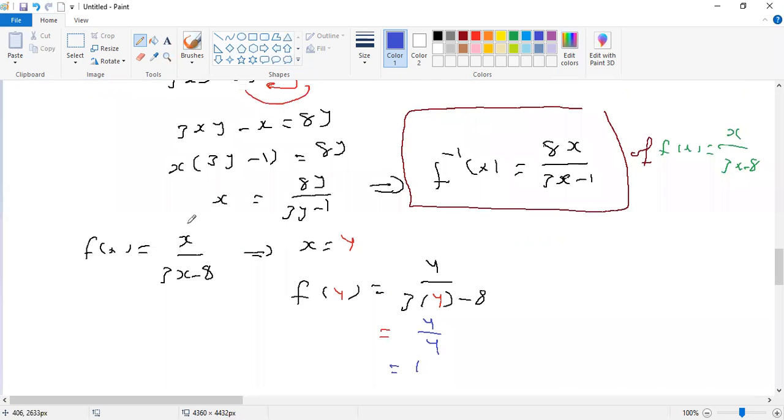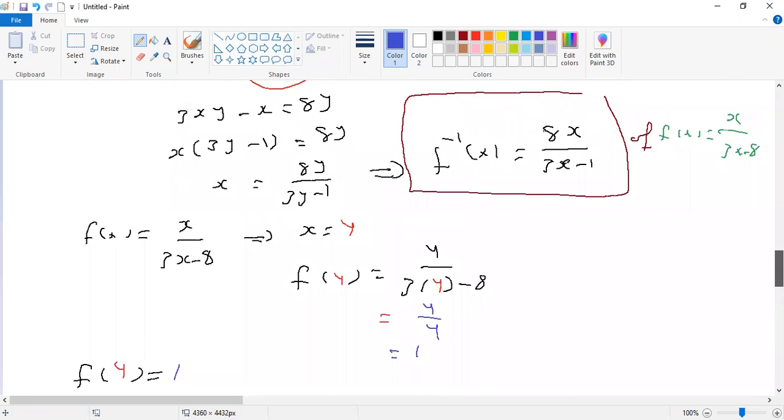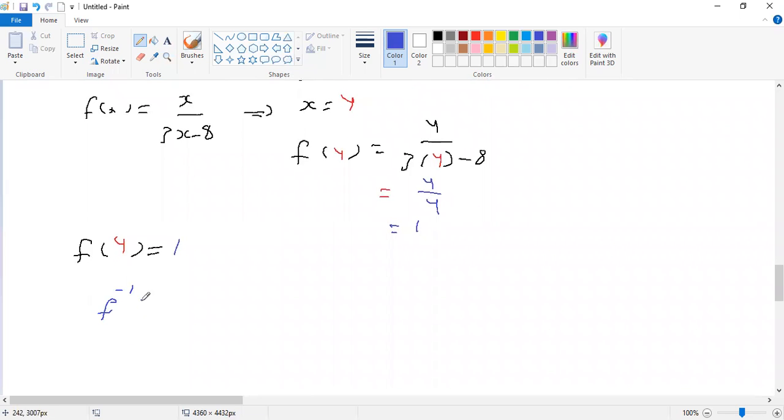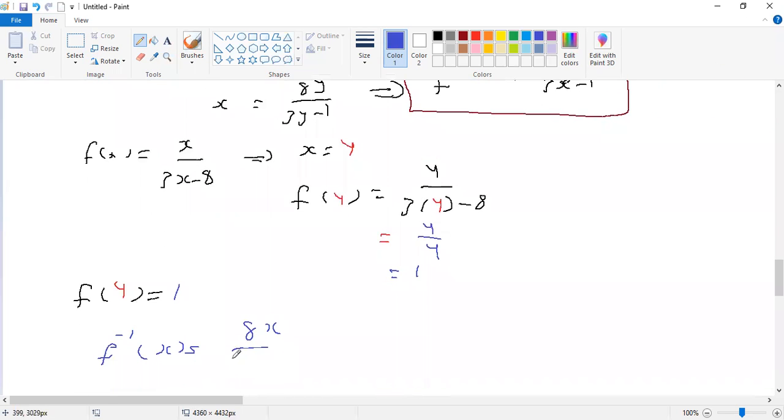So now f of 4 is equal to 1. Now, what about the f inverse? F inverse of 1. So now I input 1 in the inverse function. The inverse function is 8x over 3x minus 1. So f inverse of x is 8x over 3x minus 1.